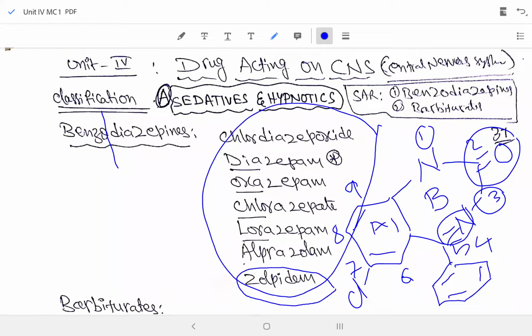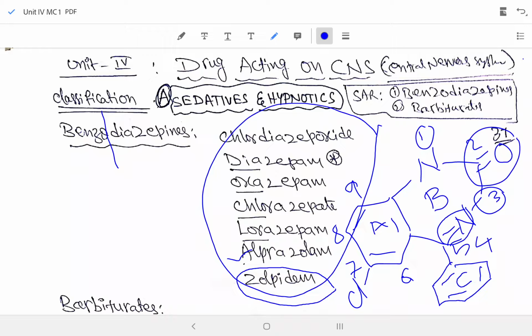Right. Then triazolobenzodiazepine, that is alprazolam, is found to be more potent. They do not require any substitution at position 7. So alprazolam does not require the substitution at position 7. Now we have the phenyl ring attached at fifth position. Let us consider this as ring C. Ortho or diortho substitution by electron attracting groups increases the activity.